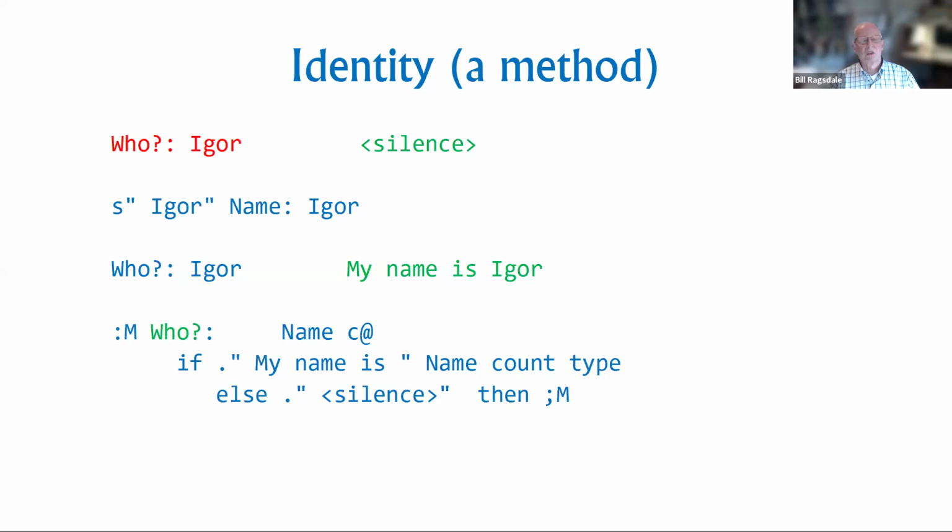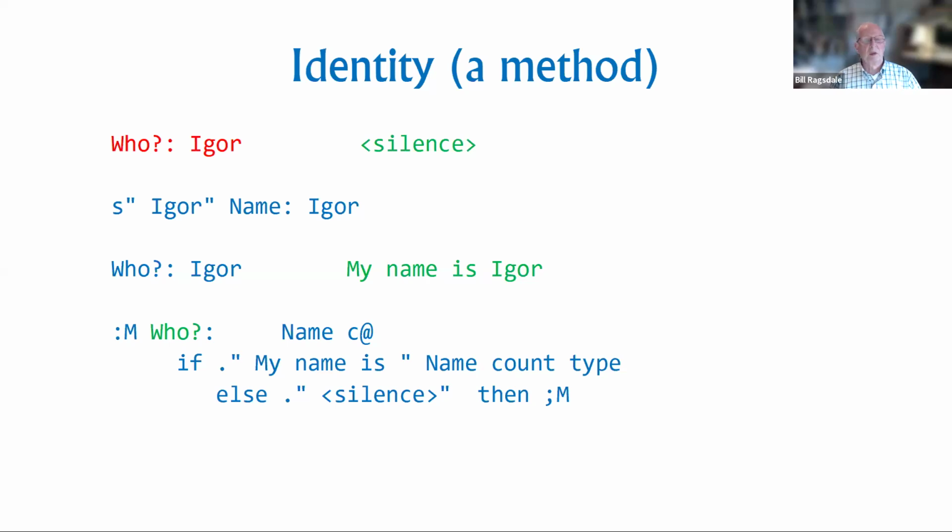We examine to see is it a 0 or is it a value. And if executes, it means there is a numeric value there. So we do have a name. The output display then is :quote, my name is. Name accesses that storage area, count byte types the name Igor. Else, if there is no name, then we see the :quote and silence, which would output.